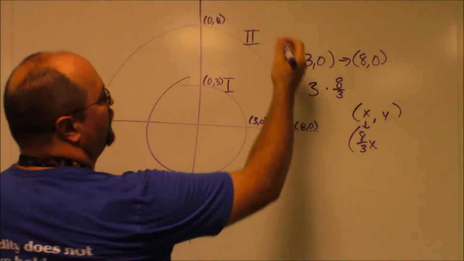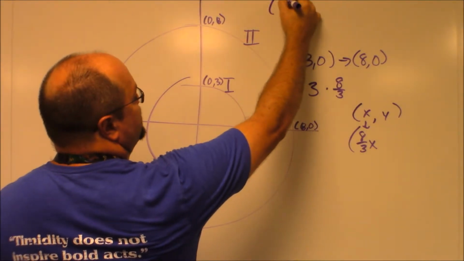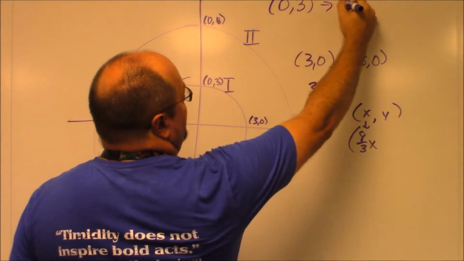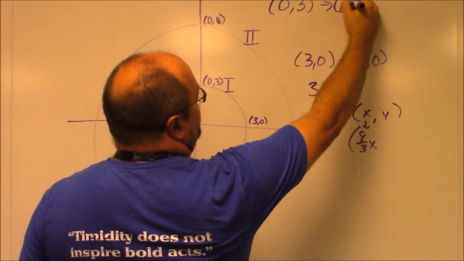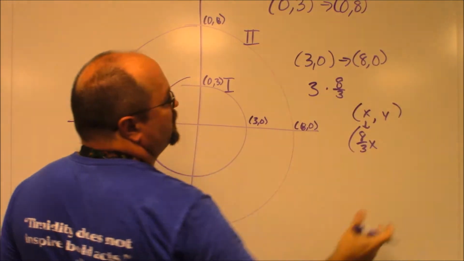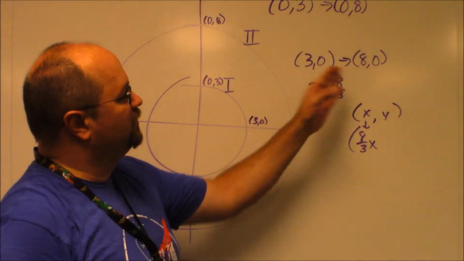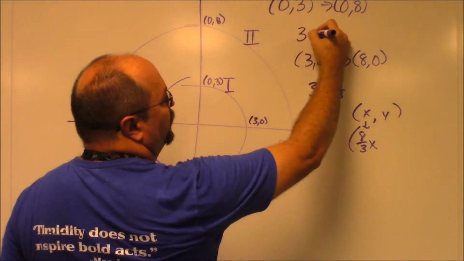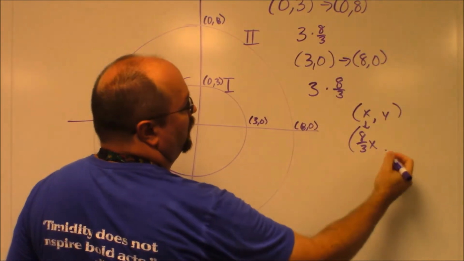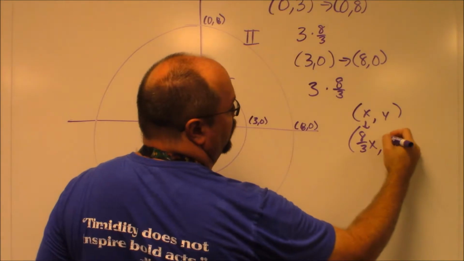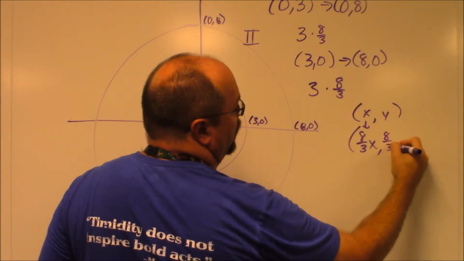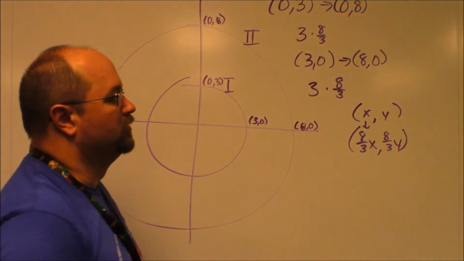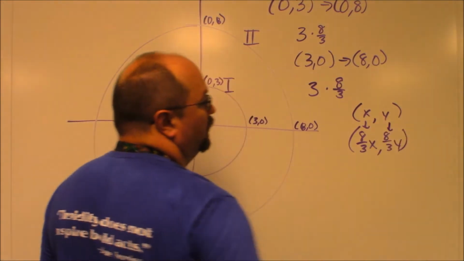They were pretty kind to us here because our y transformation is the same as our x transformation. Instead of going from 3, 0 to 8, 0, we're going from 0, 3 to 8, 3, so it's going to be the same thing. We're multiplying by 8/3. And so our rule will be 8/3 x, 8/3 y in our dilation.